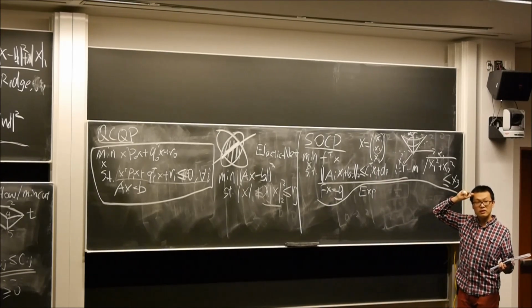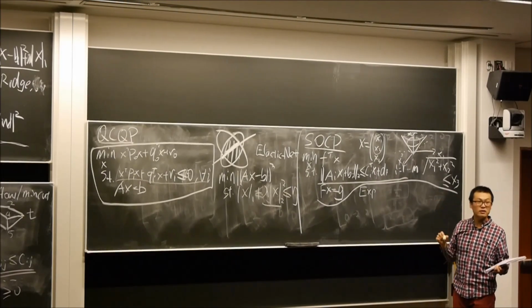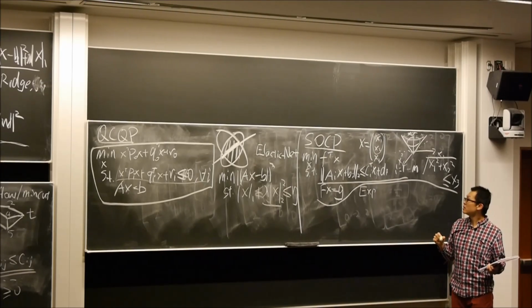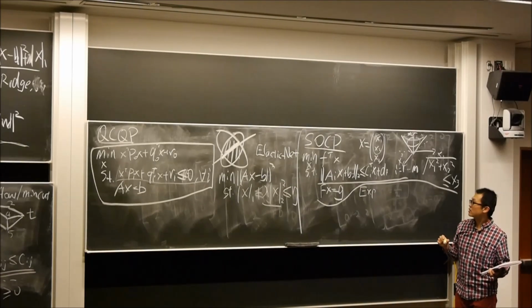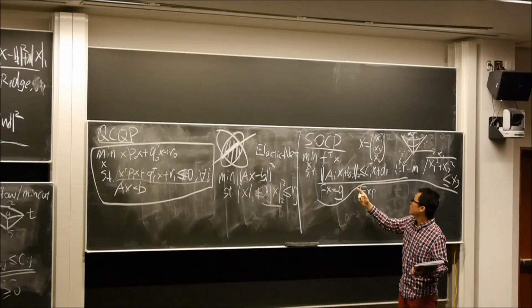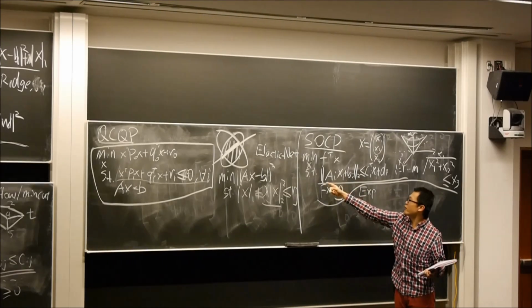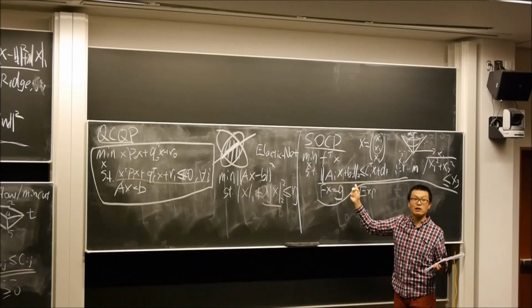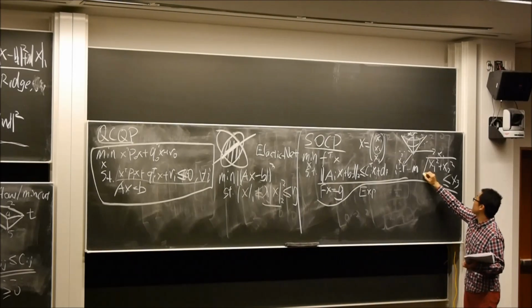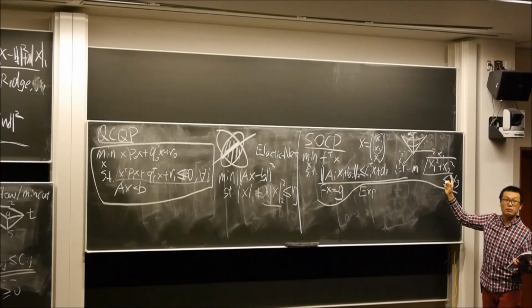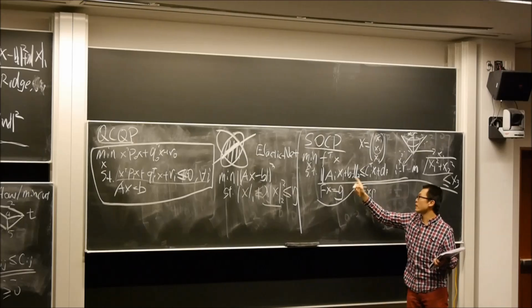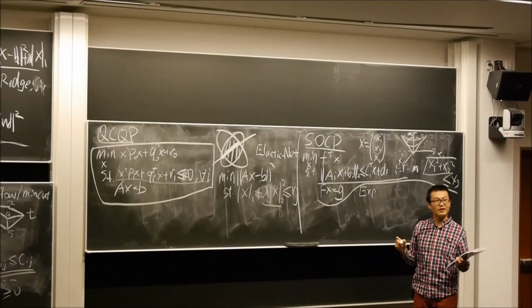But the left-hand side itself is a scalar, right? A_i x plus b_i is not a scalar, but if we take a norm, it becomes a scalar. The norm is this form, the two-norm. So the left-hand side and right-hand side are both scalars.